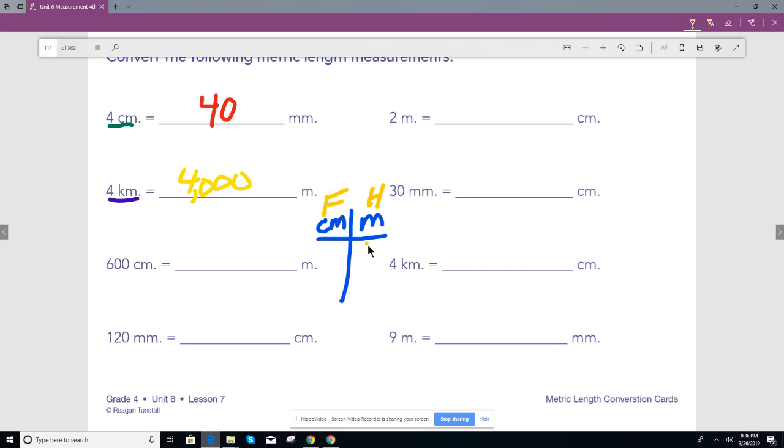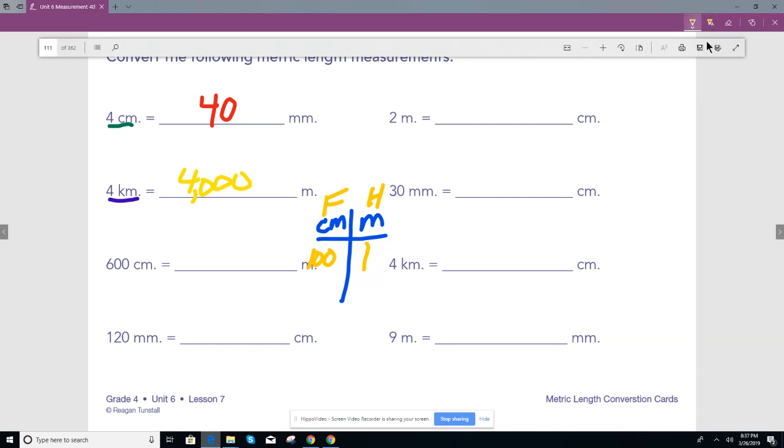So the horse gets the number 1. Looking at your chart, put your finger on the whole or meter. How many squares back are you going to jump to get to centimeters? 2. 1 jump is 10. 2 jumps is 100. The word centi means 100. So there are 100 centimeters in 1 meter.